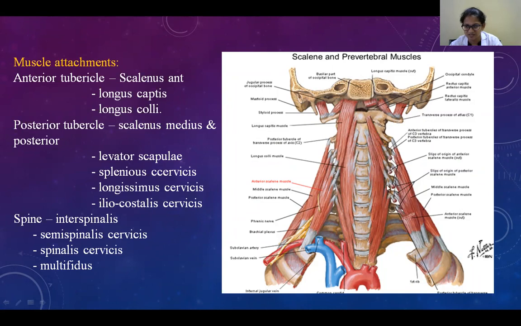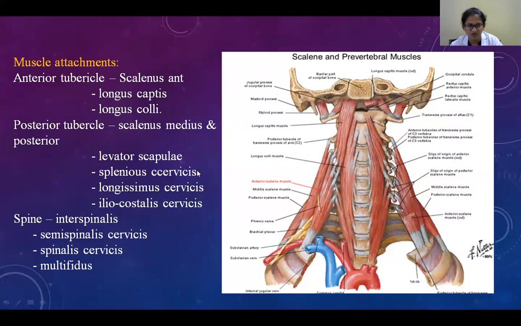Whereas the posterior tubercle gives attachment to scalenus posterior and scalenus medius. Scalenus medius and scalenus posterior take origin from the posterior tubercle, whereas scalenus anterior takes origin from the anterior tubercle.